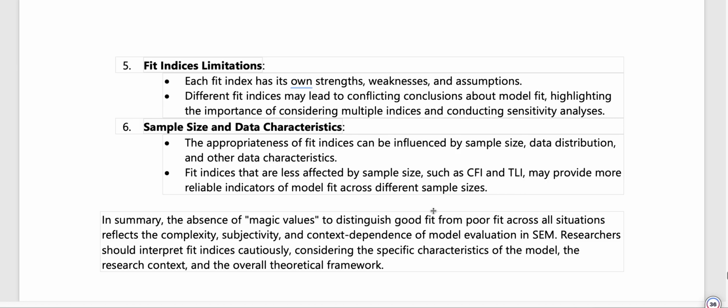Sample size and data characteristics: the appropriateness of a fit index can be influenced by the sample size, data distribution, and other data characteristics. Fit indices that are less affected by sample size, such as CFI and TLI, may provide more reliable indicators of model fit across different sample sizes.